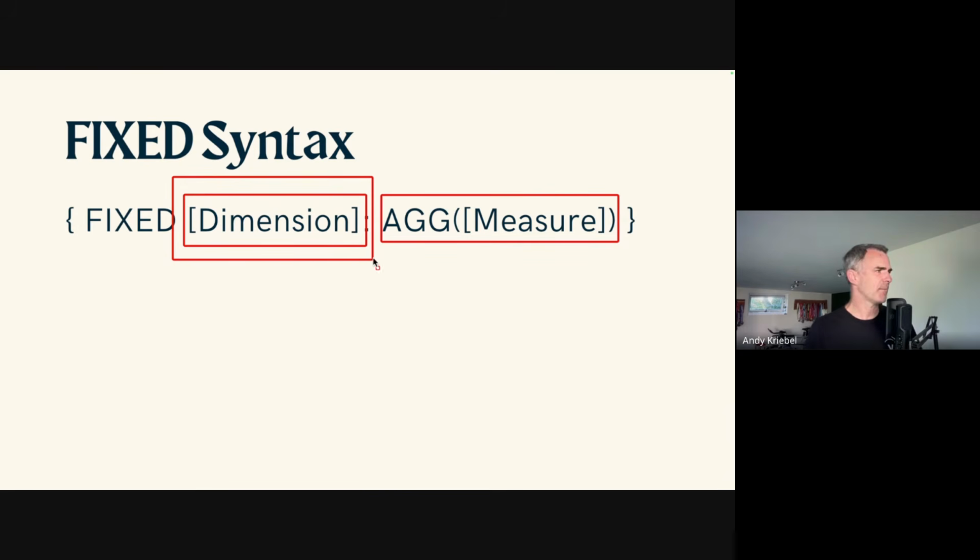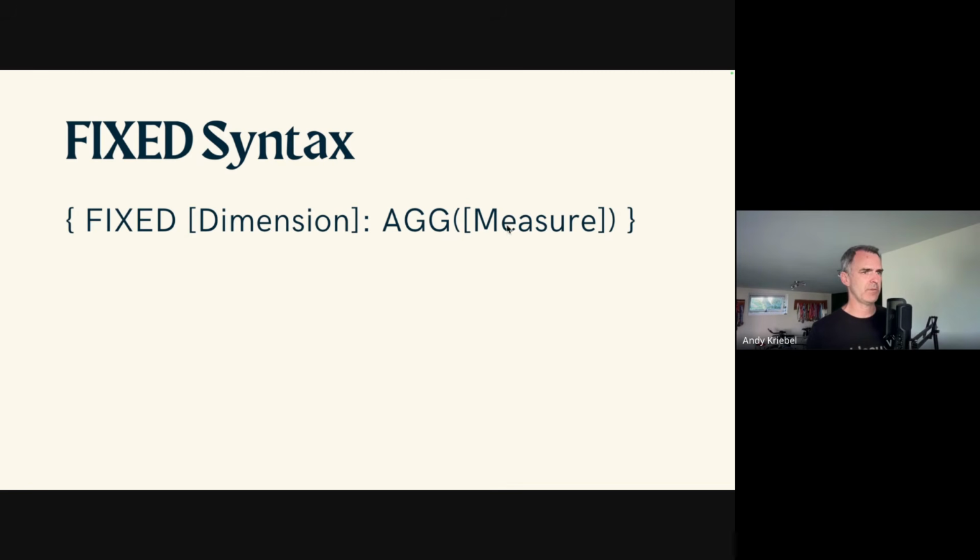You could say something like, select region and category, and then sum of sales, group by region and category. That's what the left-hand side of this means. If you're familiar with SQL, LODs are exactly like that.